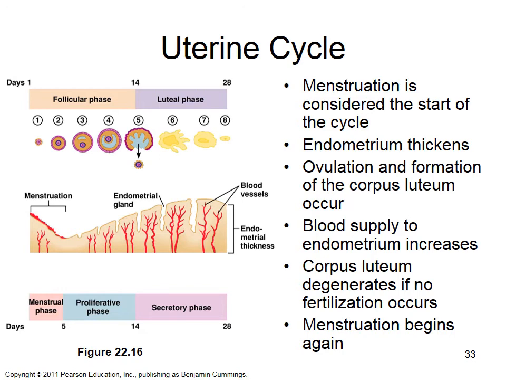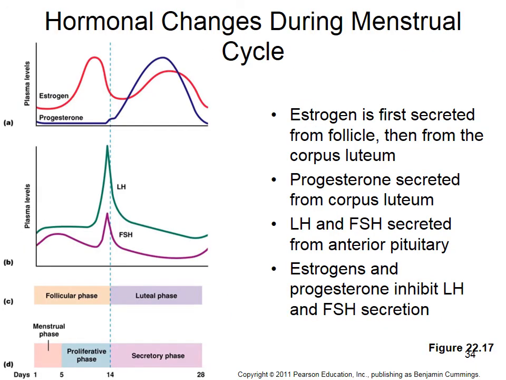Okay, we're now going to add the hormones to this. I've mentioned them already, but now this figure is layering the hormones into it as well. Females don't have just nice steady levels of estrogen and progesterone. They have cyclical changes in estrogen and progesterone. During the follicular phase, estrogen is the predominant sex steroid.